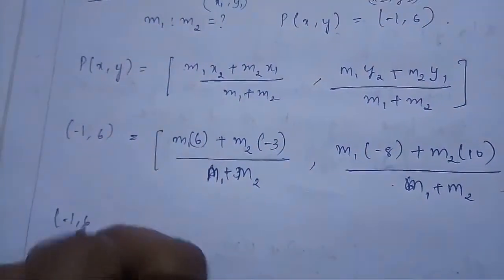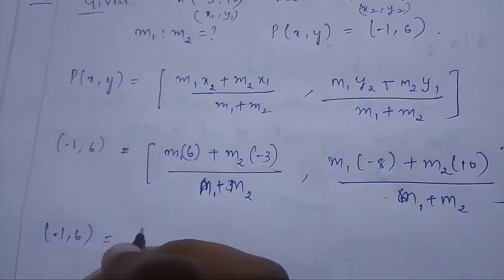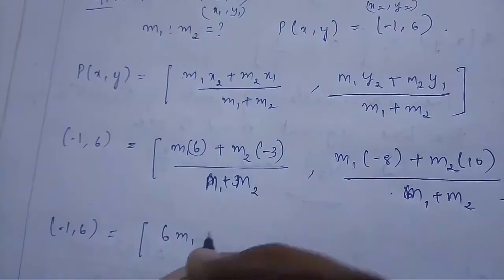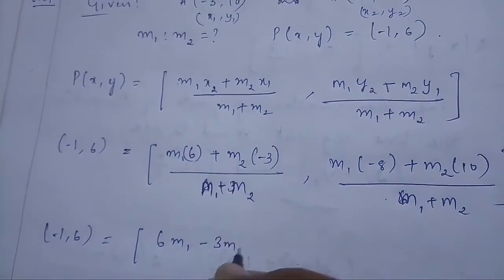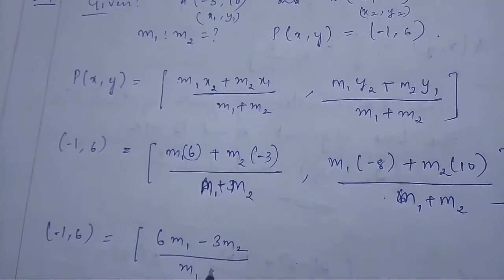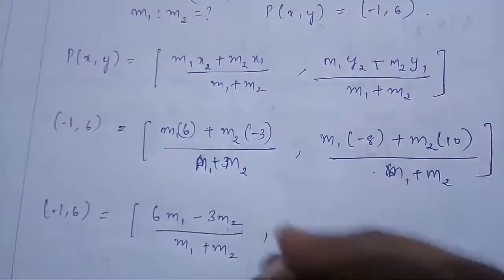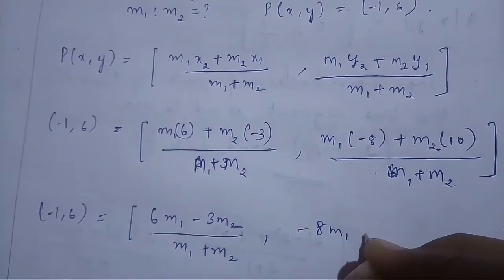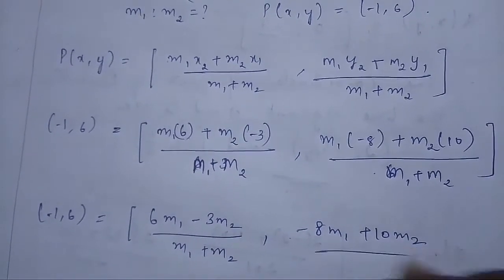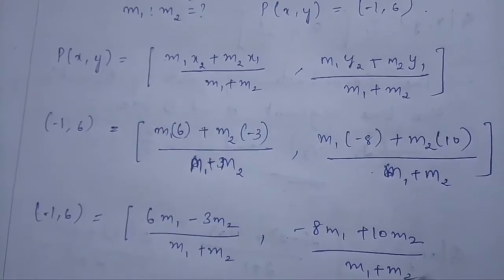That is (-1, 6) is equal to (6 m1 minus 3 m2), simplify this, rewrite as it is, (-8 m1 plus 10 m2) divided by (m1 plus m2).